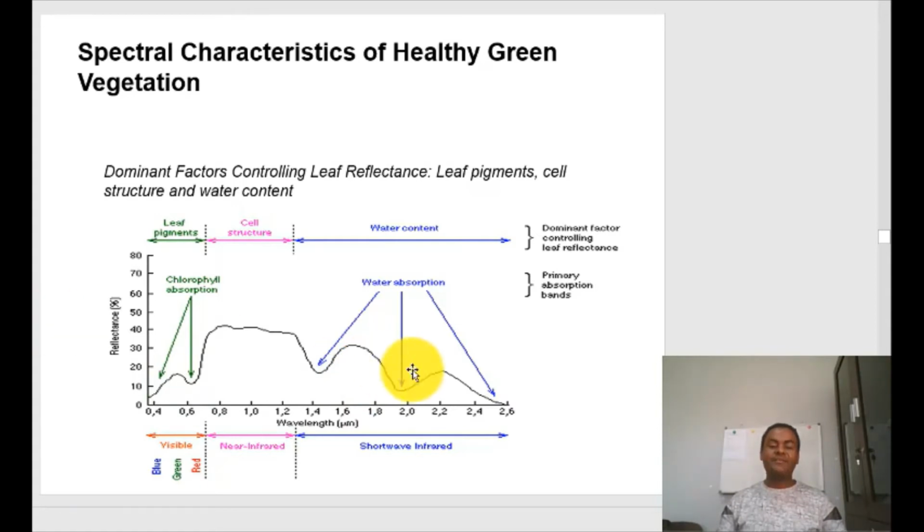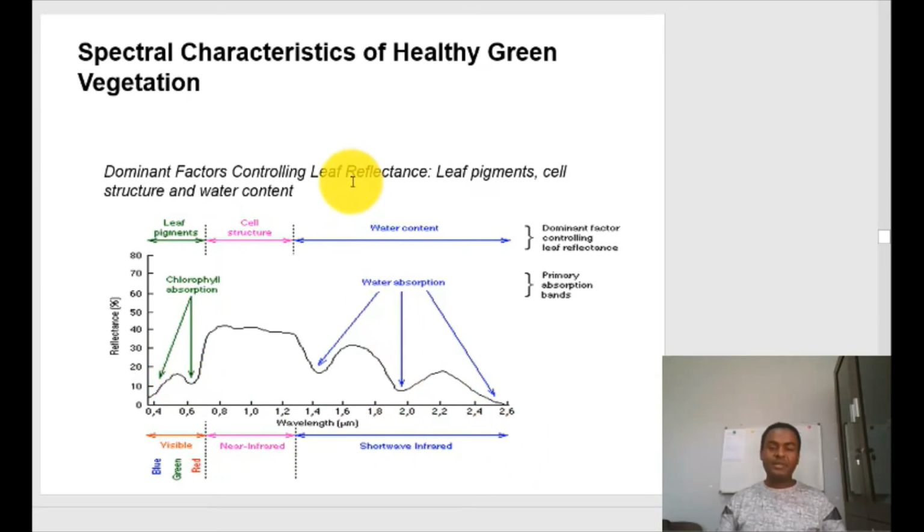This is a very important characteristic of remote sensing of vegetation. Now let's have a look at the spectral characteristics of healthy green vegetation. Okay, the healthy green vegetation shows the reflectance at different wavelength ranges.